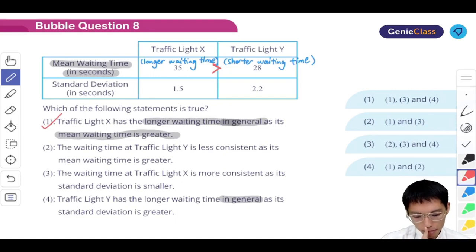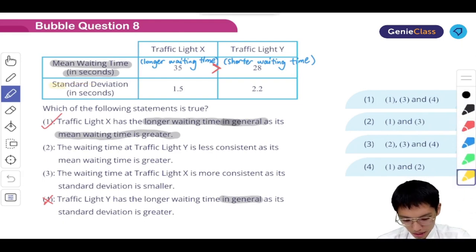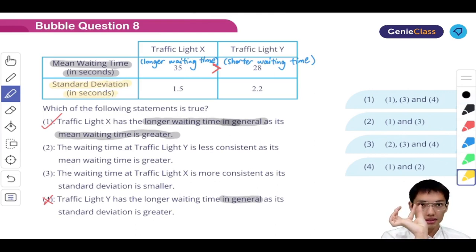Whereas number 4 is not correct because we are not using the standard deviation to compare the mean. Then you may wonder, what is the standard deviation used for? Recall, the standard deviation is the spread of data around the mean. If my data is nearer to the mean, it means my data is not so far out from the mean.